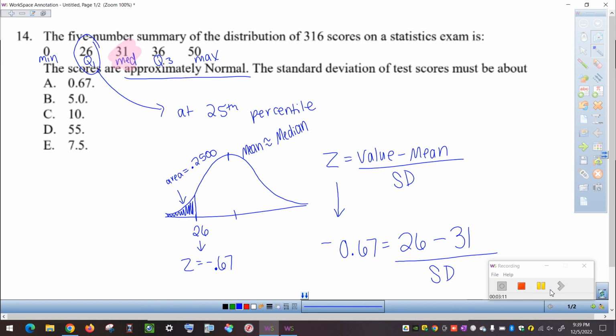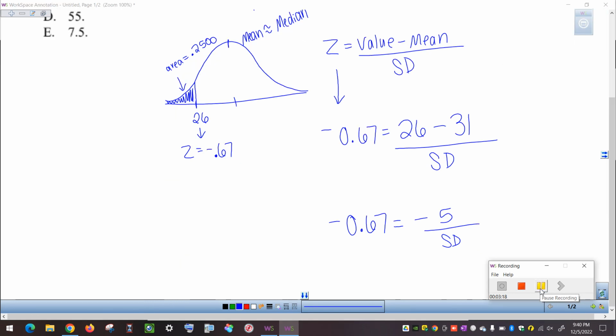Now we're just going to continue this calculation to solve for our standard deviation. So just a little bit of algebraic thinking here. We'll do 26 minus 31 to get negative 5. Then if we multiply both sides by the standard deviation, that's going to cause the standard deviation to cancel from the denominator on the right-hand side.